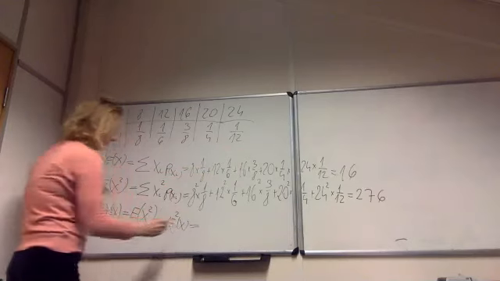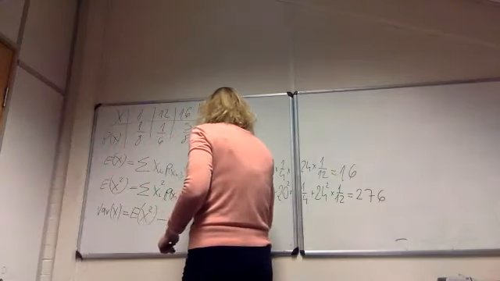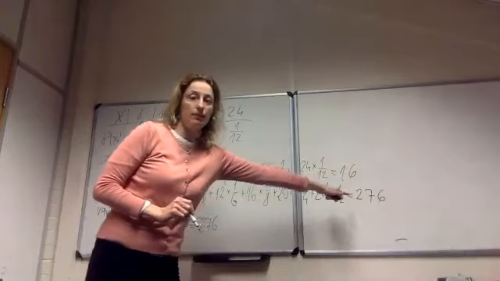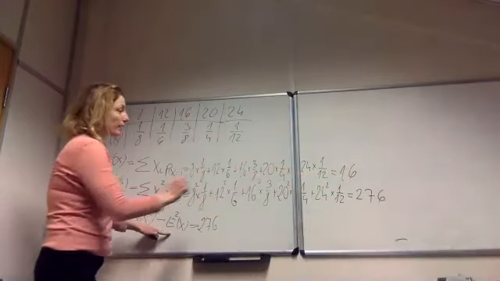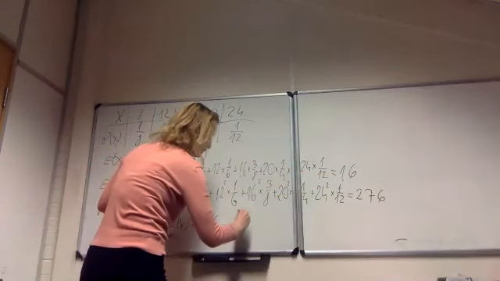That is, E of x squared is 276, because we have just calculated it there. E of x is 16, so minus 16 squared.